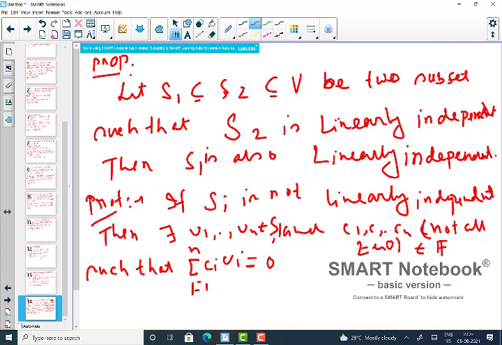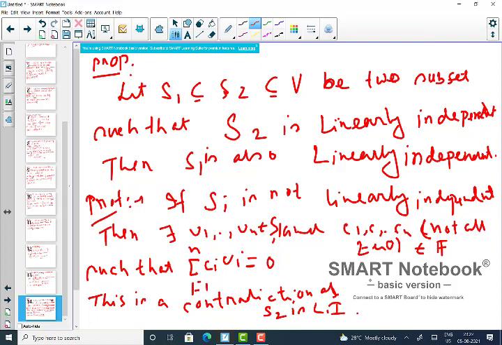So this is a contradiction, as S2 is linearly independent. I am just writing a short form line, but you should write down the full form.